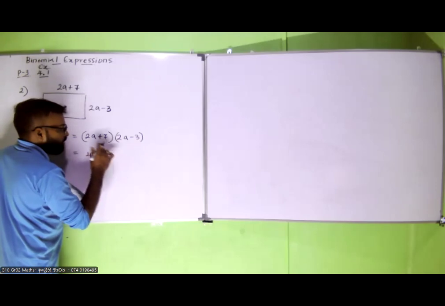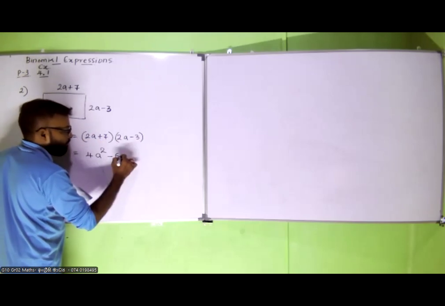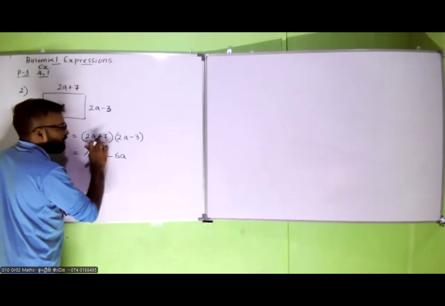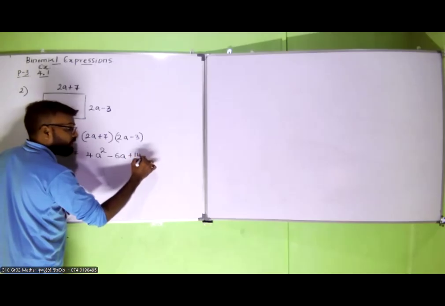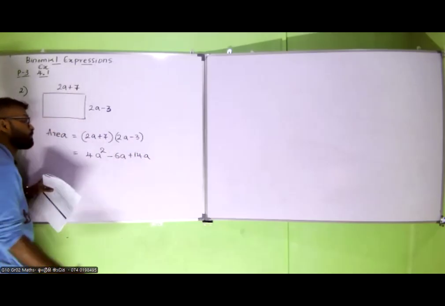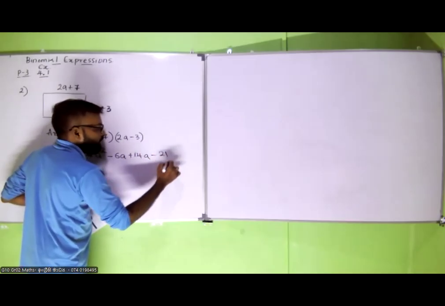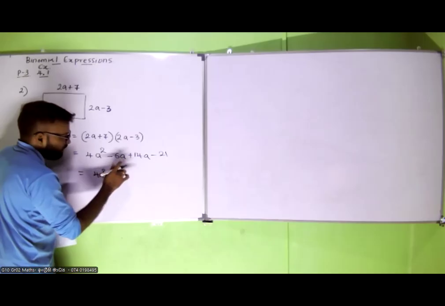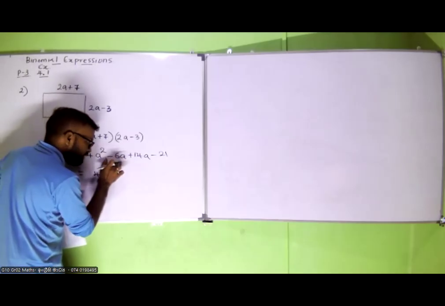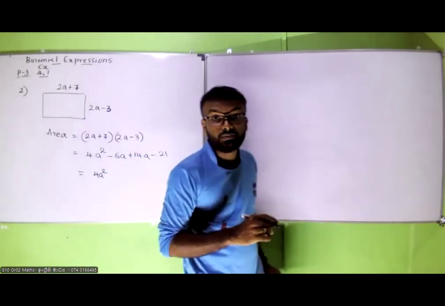Positive into negative, negative: 2 times 3, 6, the term is a. Positive into positive, positive: 7 times 2, 14, the algebraic term is a. Positive into negative, negative: 7 times 3, 21, done. 4a squared, right? Like terms, 6a and 14a.